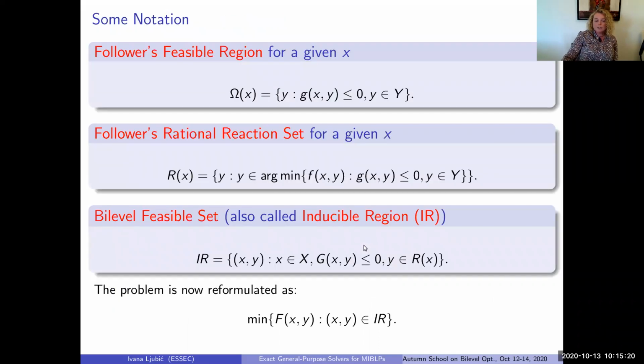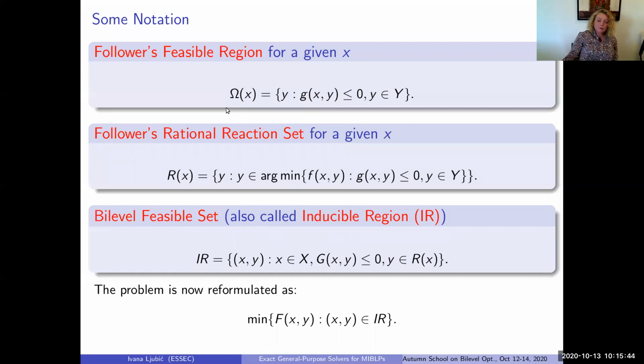So regarding our notation, let us introduce a little bit of terminology. For a given x, we define a separate parametric optimization problem. And the feasible region for the follower is then simply defined by all the constraints g of x, y less or equal than 0, and y in Y, and it is denoted by omega of x.